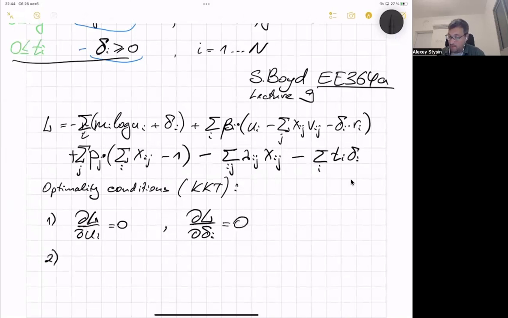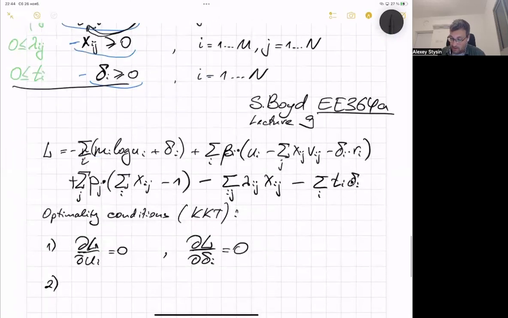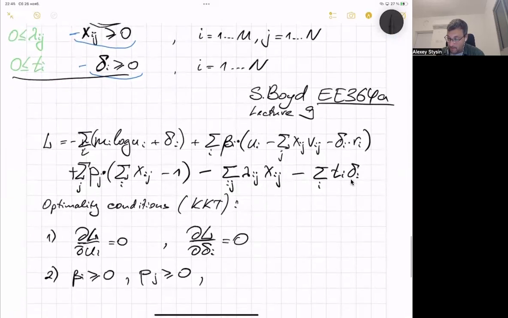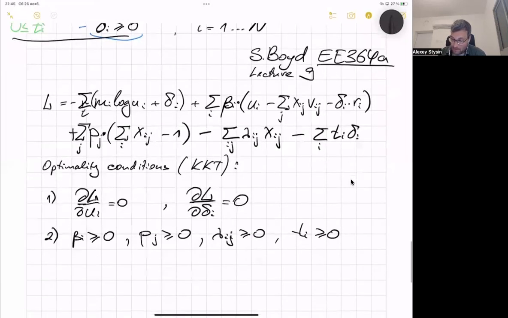Then we have all the dual conditions. And the dual conditions are that beta I is larger than 0, pj is larger than 0, lambda ij is larger than 0 and ti is larger than 0. And we have complementary slackness conditions.